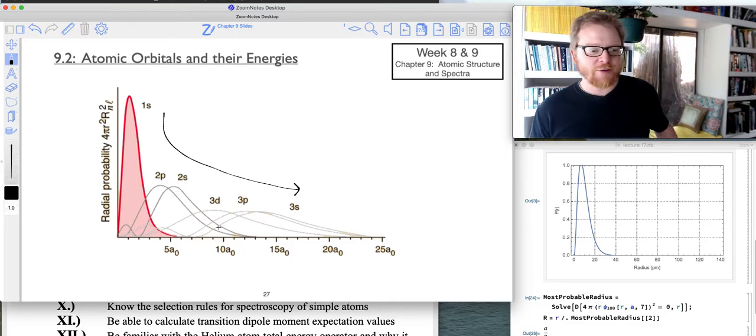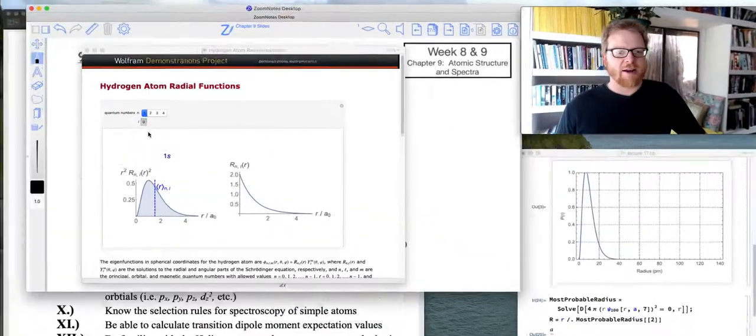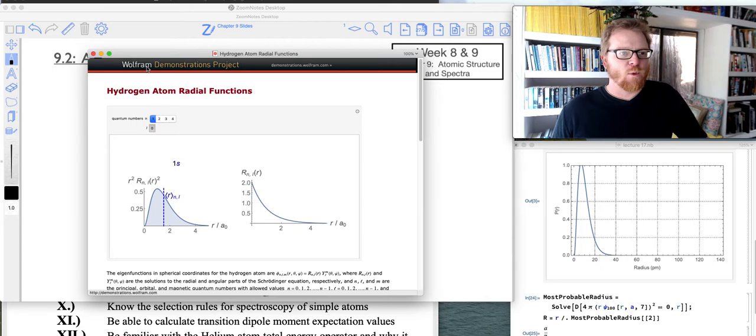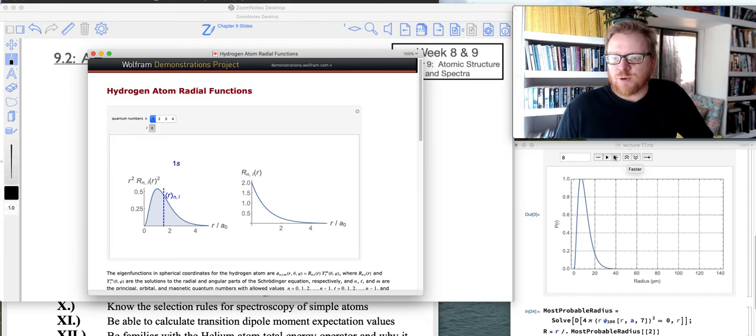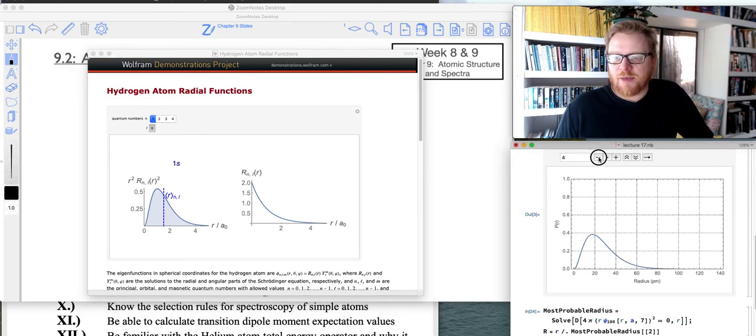I also have a cool little Mathematica file I downloaded from the internet. It's called the Wolfram Demonstration Project. So this is really cool. They've got this whole manipulate feature, and they're plotting the radial wave function and the radial distribution wave function, and you can select through the different n and the different l's. So I'm going to go back now in my own Mathematica, right?